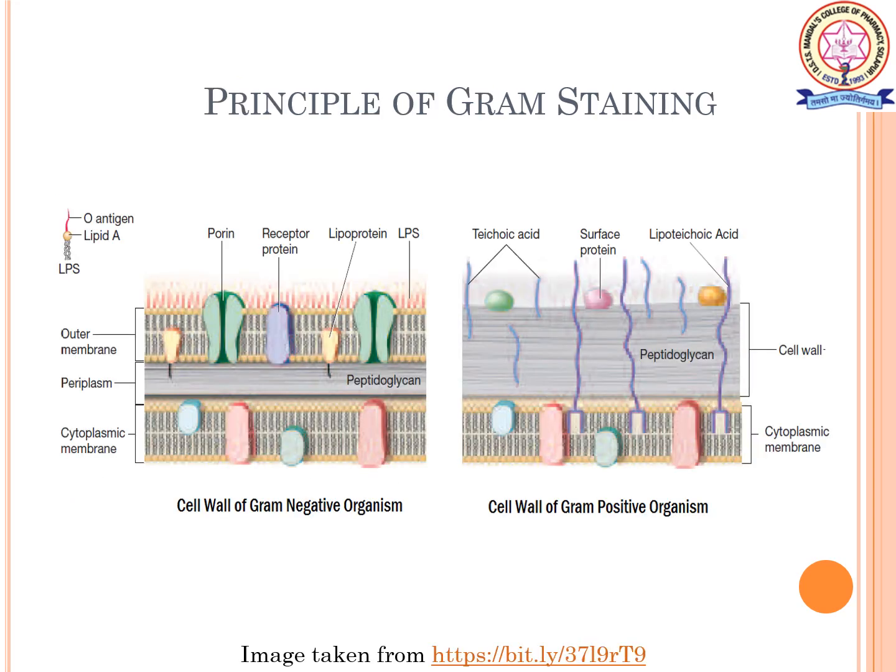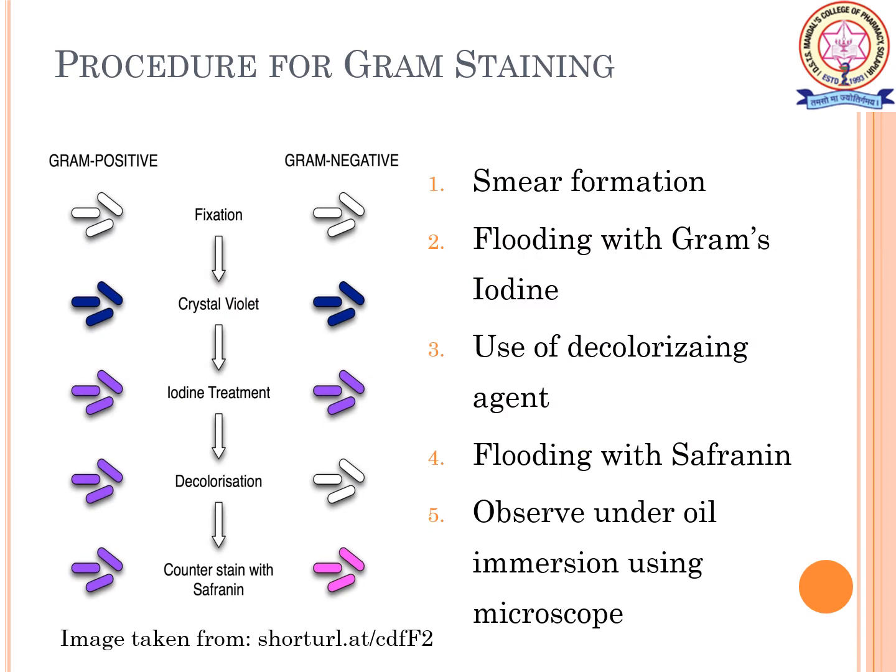Now next, we will see the exact procedure for gram staining. The very first step is smear formation. For this, you consider a loopful of suspension, which will be prepared either by taking a pure culture, or sometimes the colonies can be taken as they are and water added so that it gets diluted.